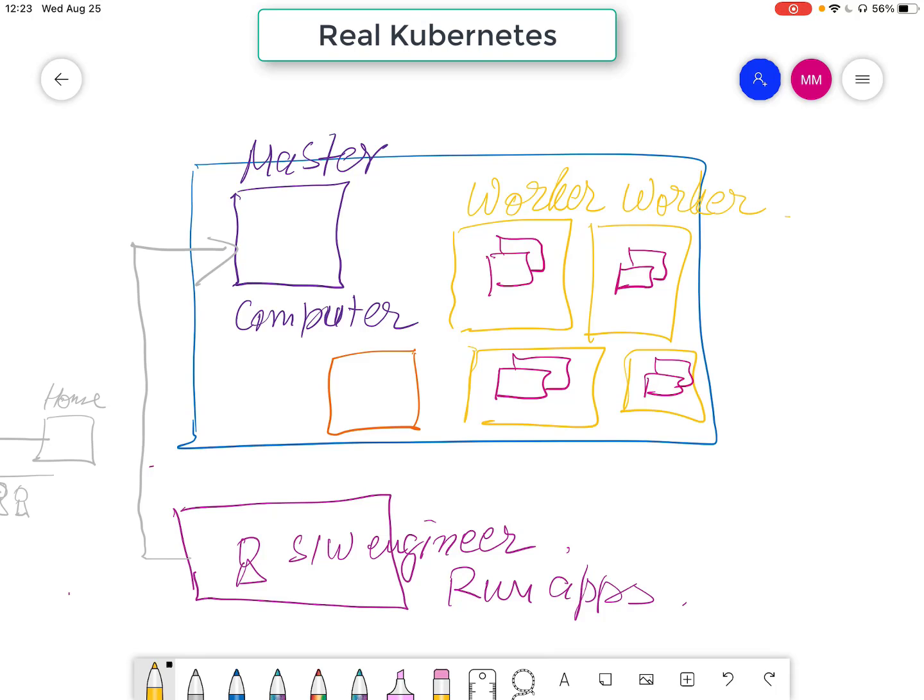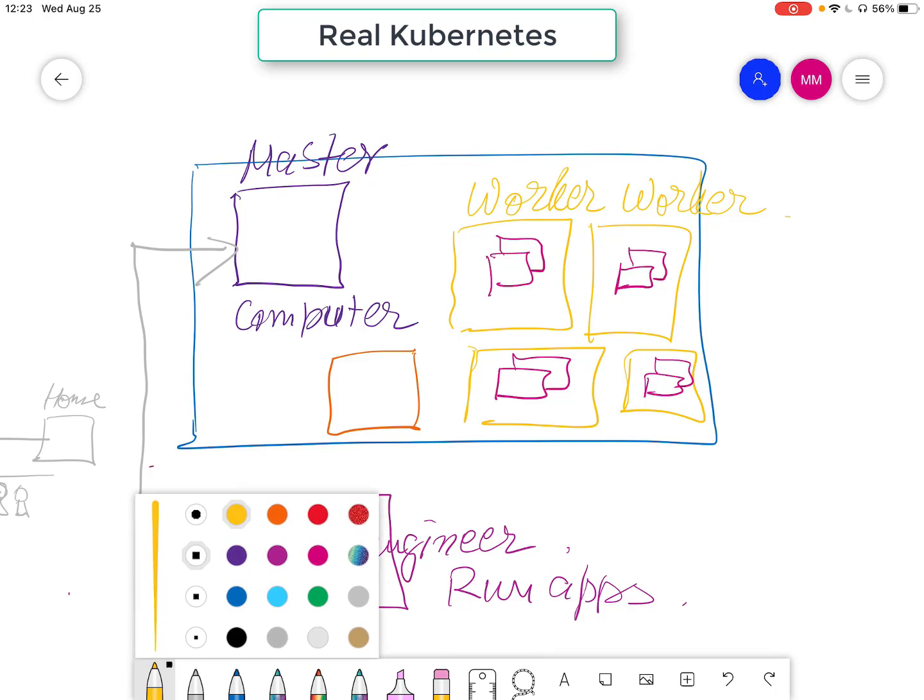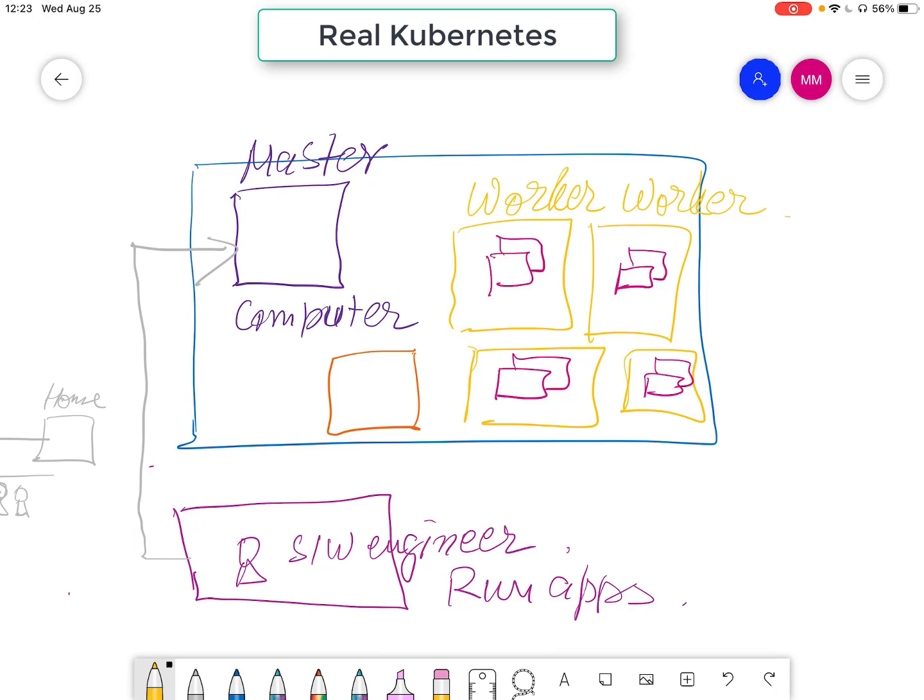So this software engineer says, let's say I want to deploy a game. I've got a game, and I want to host the backend for that game. I want the gamers to be able to log in, and see their scores and the scores of other people. So he wants to deploy this application.